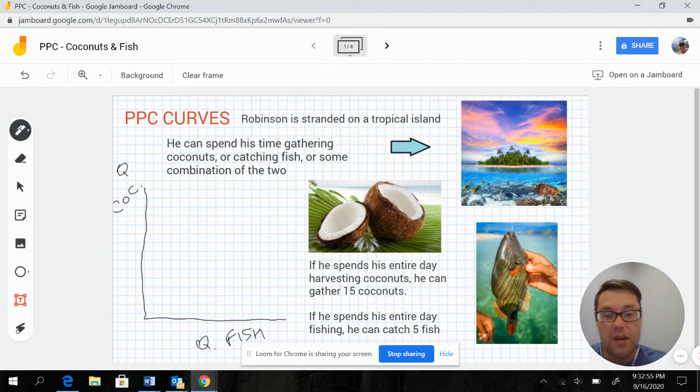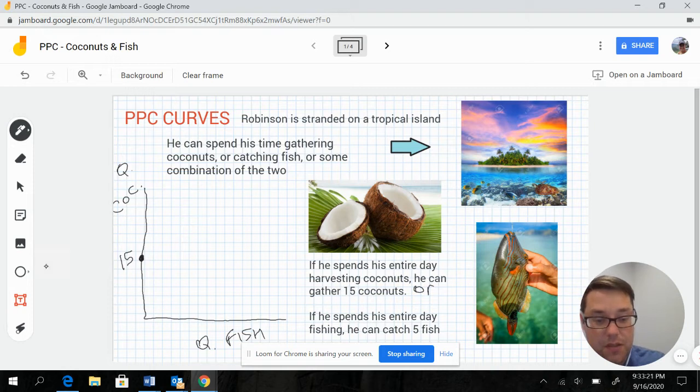Okay, so to find the intercepts for each, let's do coconuts first on the y-axis. If he spends his entire day harvesting coconuts, he's going to get 15 coconuts. So let's draw that intercept point here, and let's label that 15 coconuts. When he has 15 coconuts, he had 0 fish, right?